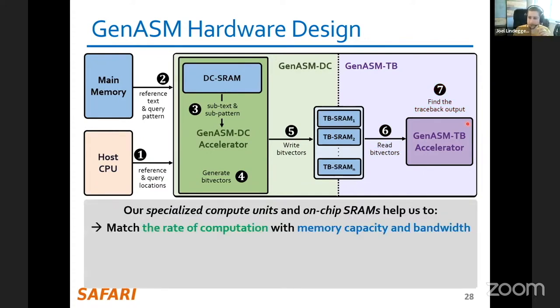What's interesting here, and this is the key benefit of making this a hardware algorithm co-design, is that we can match computation with bandwidth. So if you consider a CPU, for example, a CPU has a fixed amount of memory bandwidth for a given DRAM configuration, and it has a fixed amount of computation.